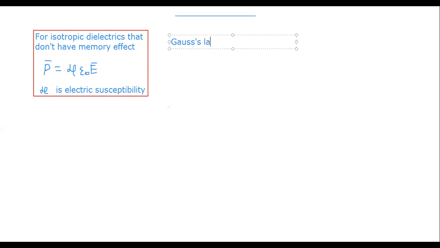Gauss law, or Gauss flux theorem, for polarization density. Integral form.